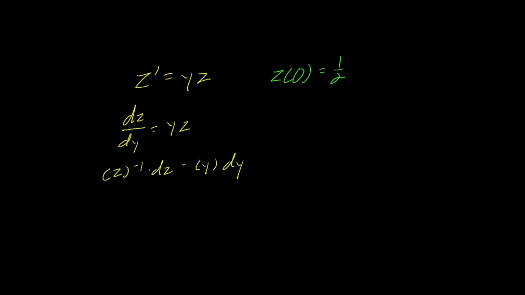So the best step would be to simply divide by z, and then multiply the whole system by dy. And as a result, we get this expression. Our next step would be to integrate. And let's keep in mind that we are working with indefinite integrals. So as a result, this means we have to include our constants.